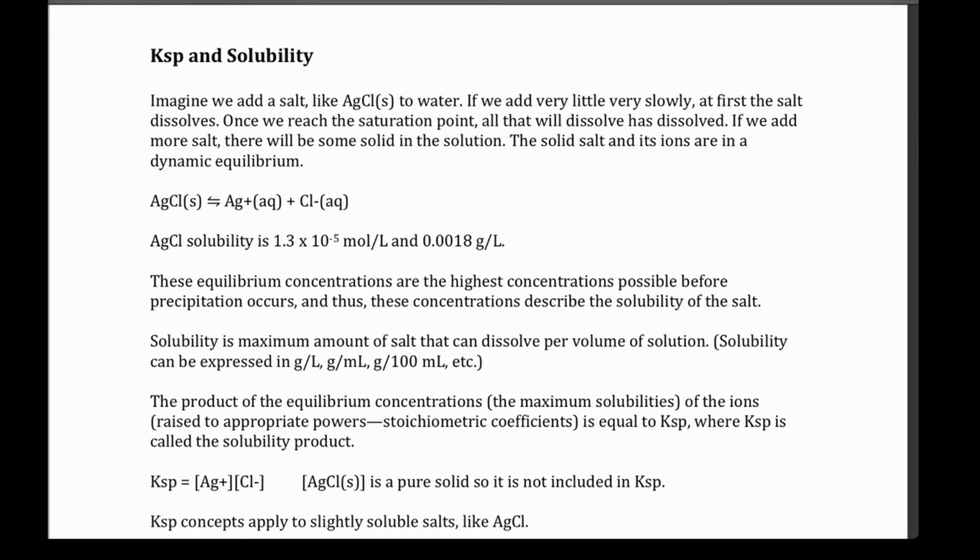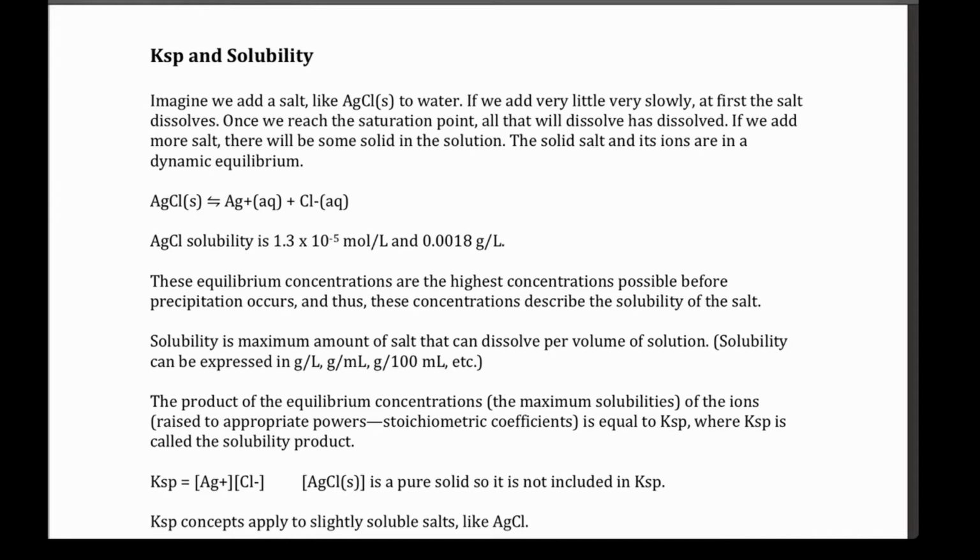Imagine we add a salt like silver chloride, AgCl solid, to water. If we add very, very little and very slowly, at first the salt dissolves. Once we reach the saturation point, all that will dissolve has dissolved.